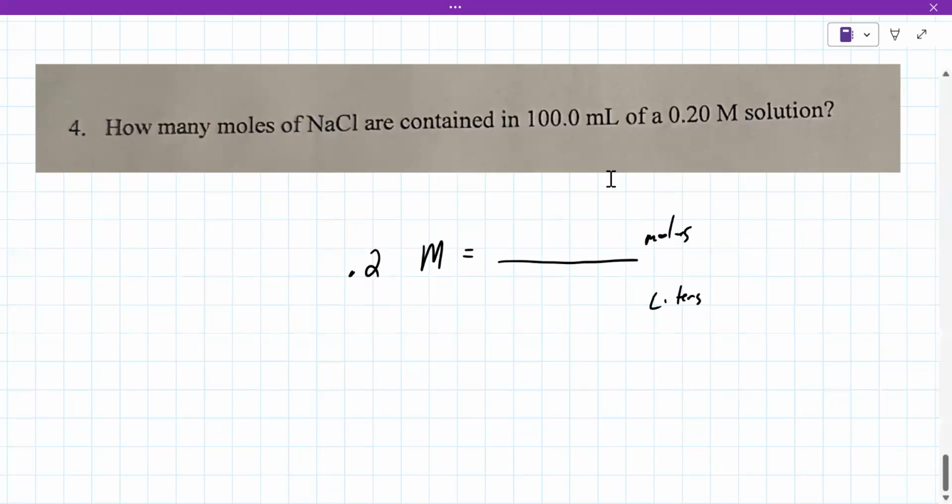Are we given the number of liters up here? No, we're given milliliters. So we have to convert milliliters to liters. How many milliliters are in a liter? 1,000.